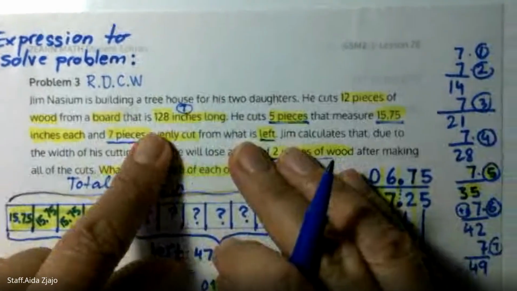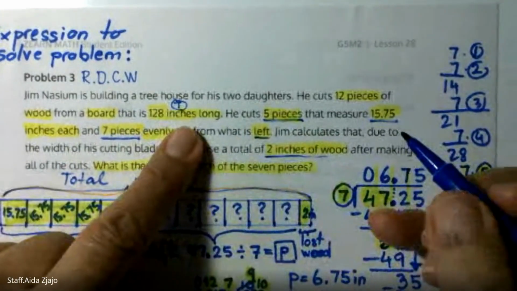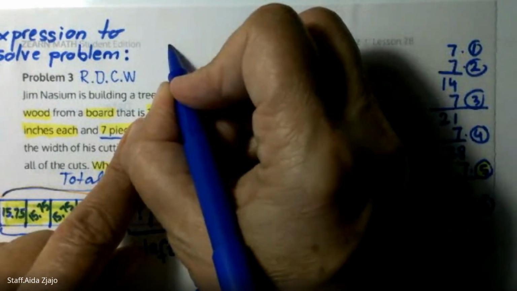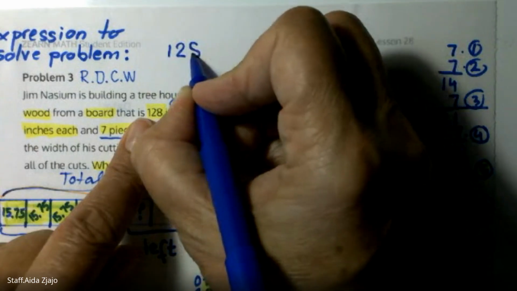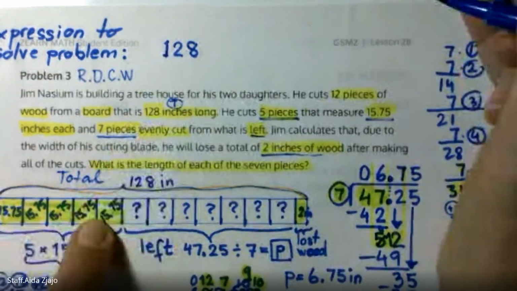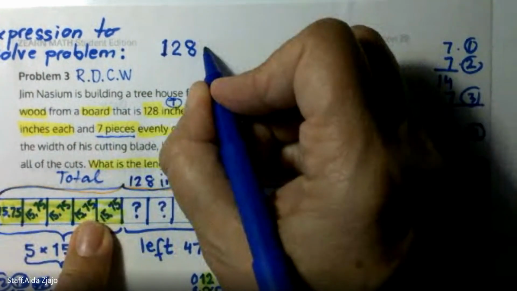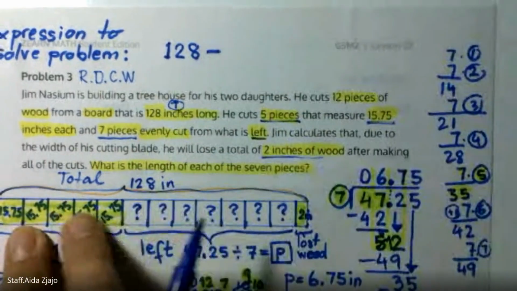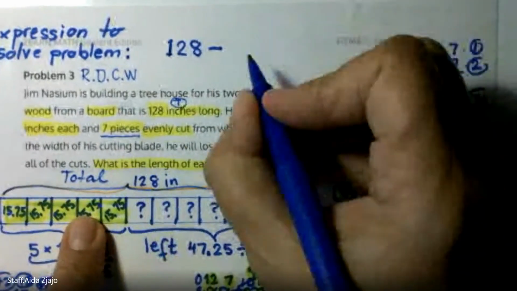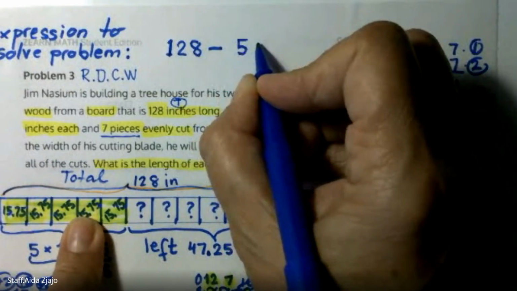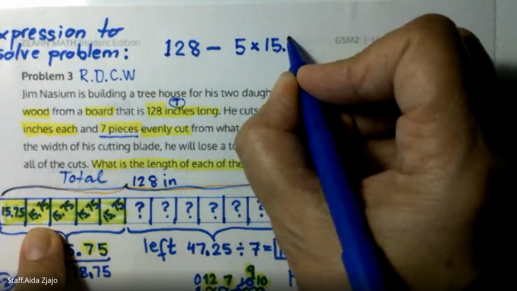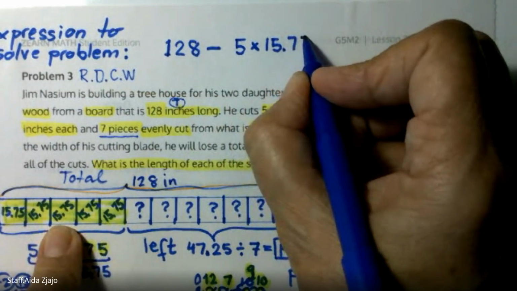We had a 128 inches long piece of wood. So I say 128 that I have, and then from that I subtract this part. I subtract five groups of 15 and 75 hundredths.